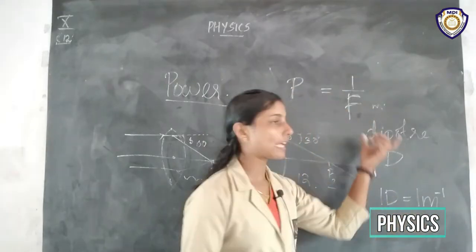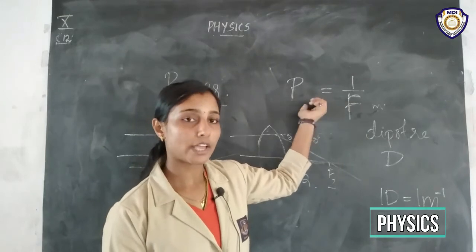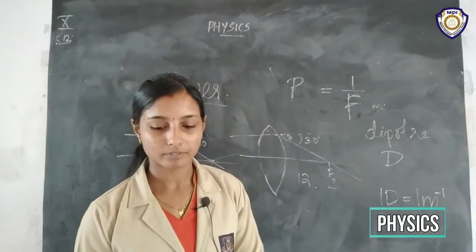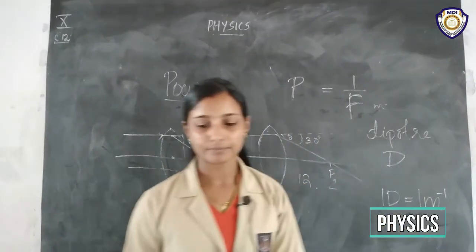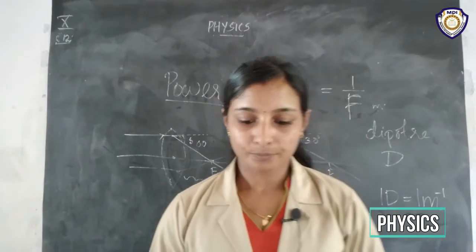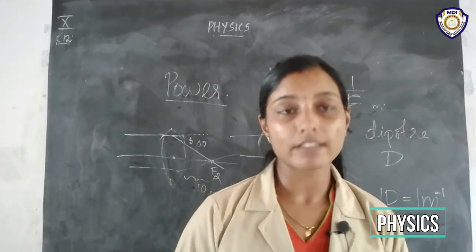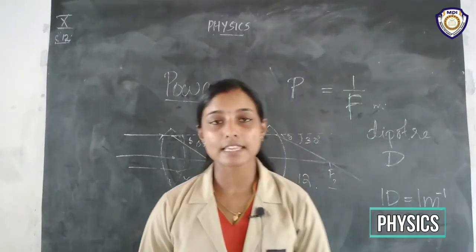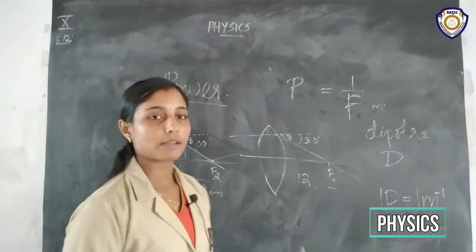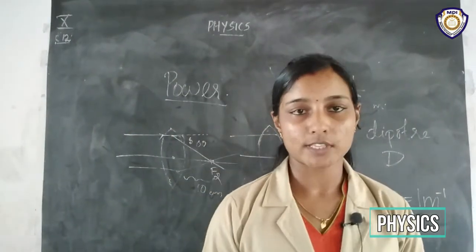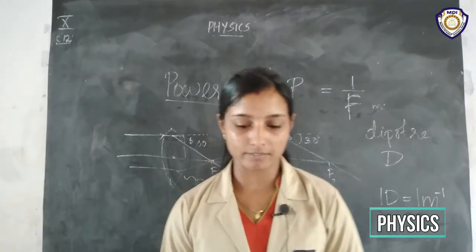You may note that the power of a convex lens is positive and that of a concave lens is negative. So for a convex lens, the power in diopters is positive, and for a concave lens, it is negative.